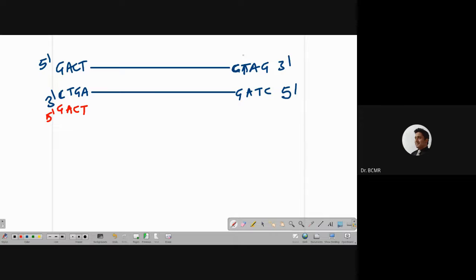The other one would be GATC. This will be the 5 prime, and polymerization would occur this way for the top strand and this way for the bottom strand. The products become the templates for the next round of reaction, and that is the chain reaction: an exponential increase in the number of products formed.